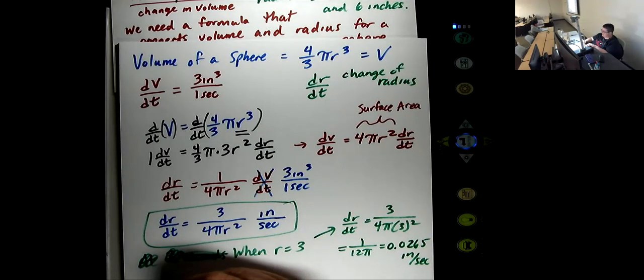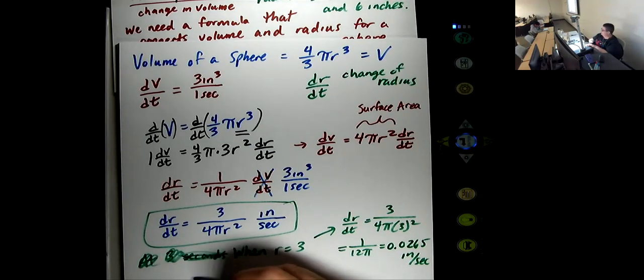When r equals 6, that's a big soap bubble, right? 6 inches is the length of a dollar bill. We've got a soap bubble the size of a dollar bill.